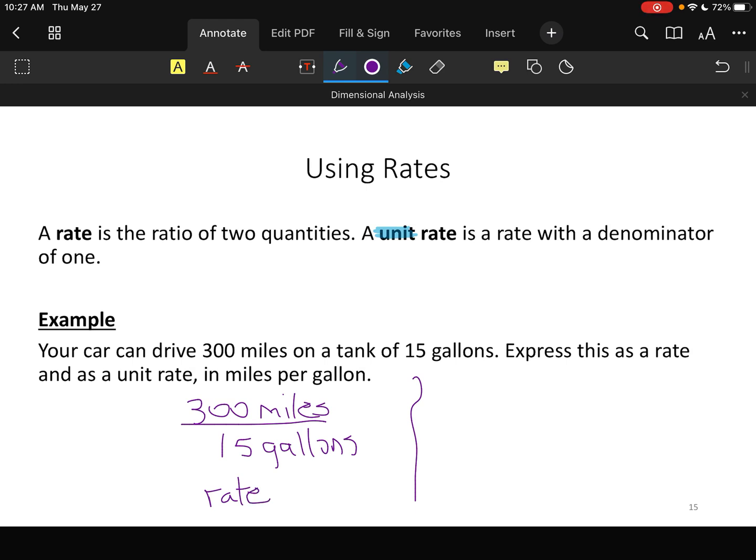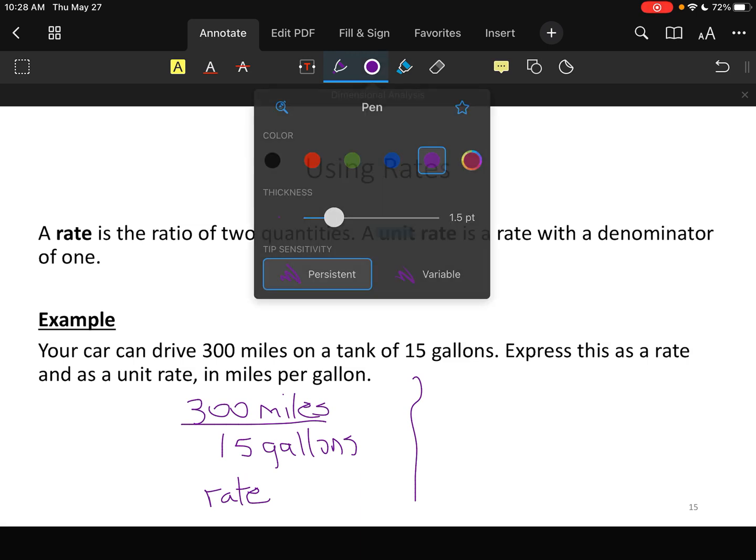Now, some people may say simplify it, so you could potentially simplify this rate, and it's still going to be correct, since 300 is divisible by 15. Let's come over here and do the unit rate.